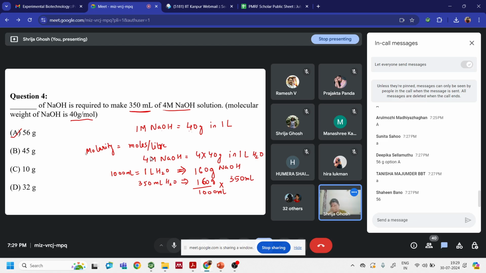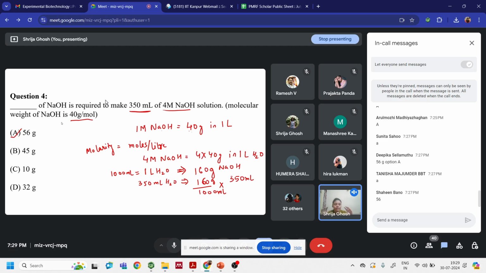This is a very simple calculation. If you know the molecular weight of any compound, you can easily know that that many grams will go in 1 liter of water to make a 1 molar solution. Molecular weight corresponds to the weight of 1 mole of that compound.